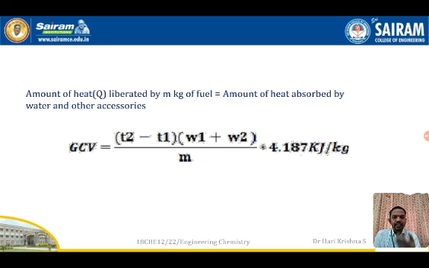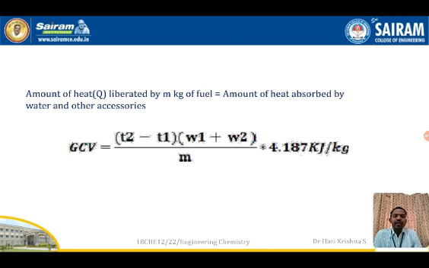So GCV, the amount of heat liberated by m kg of fuel, is given by GCV equals (T2 minus T1) times (W1 plus W2) divided by m. That is in calories per gram. We are supposed to convert it into kilojoules per kg. How to convert it? We multiply it by 4.187.